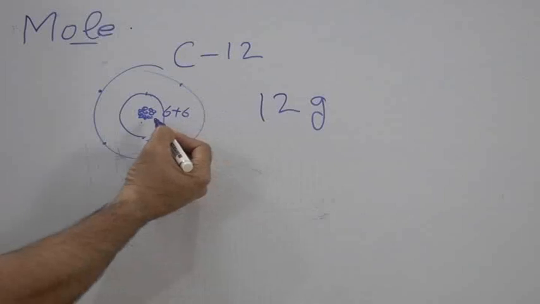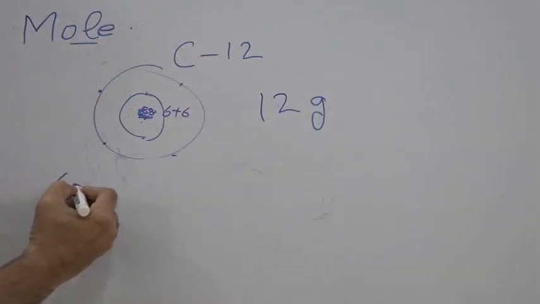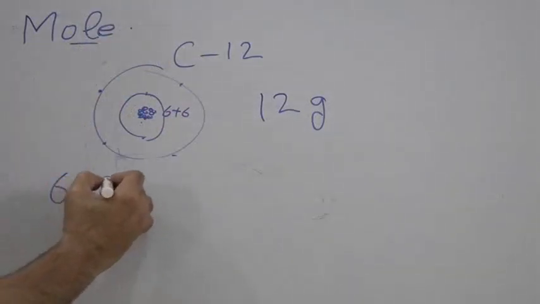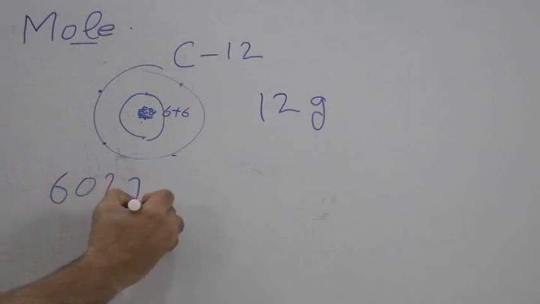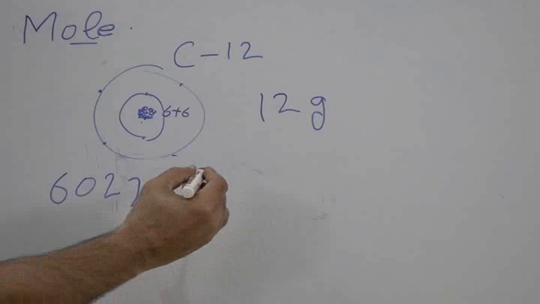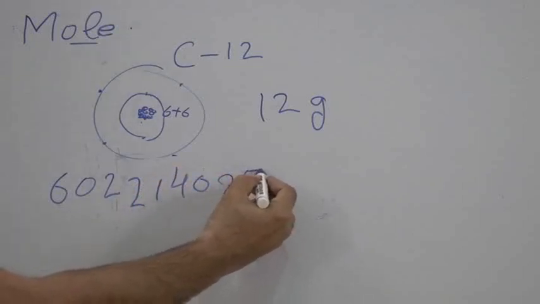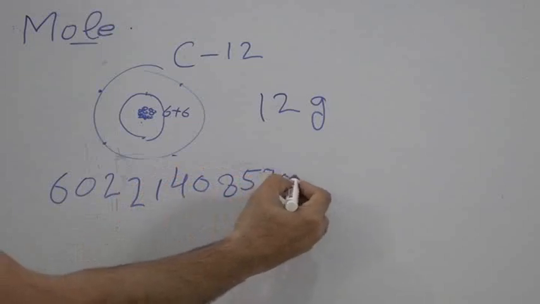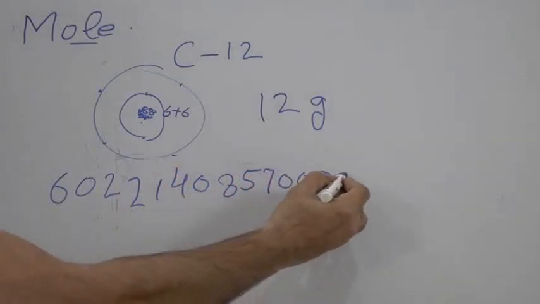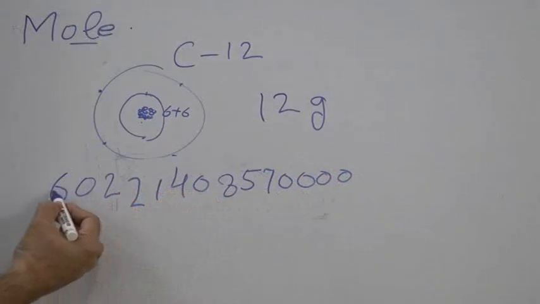12 gram of this. What does the number come out to be? That comes out to be 6 followed by 23 zeros, a 24 digit number.